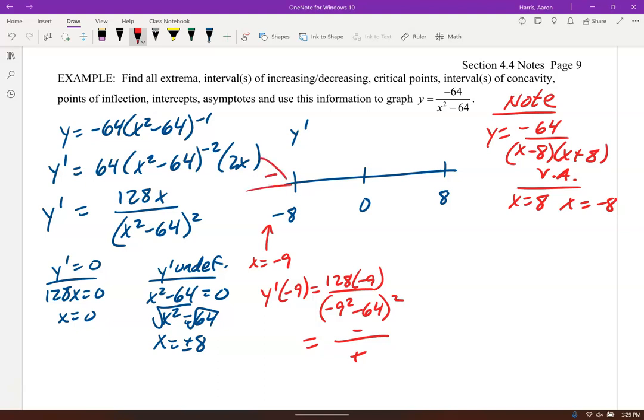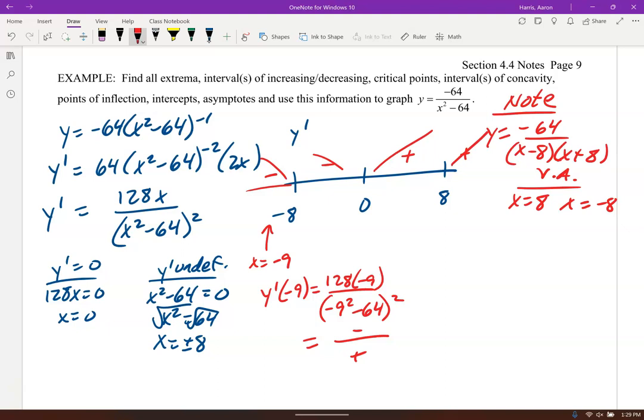So the original function decreases to there. And then I'll throw in like negative 1. It'll decrease again. And then I'll throw in positive 1. It'll increase into my first derivative. I'll put in positive 9. It'll increase. Okay.